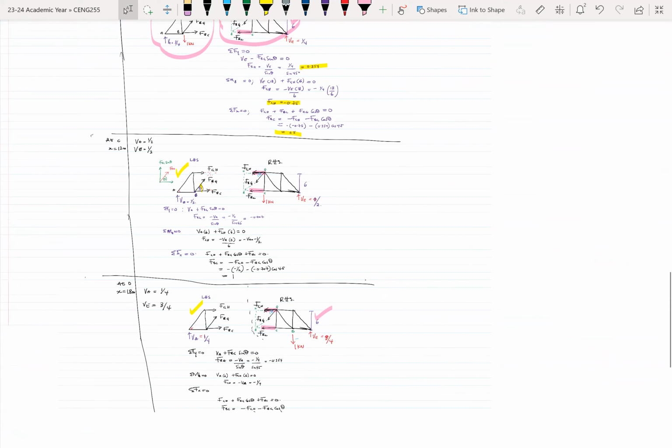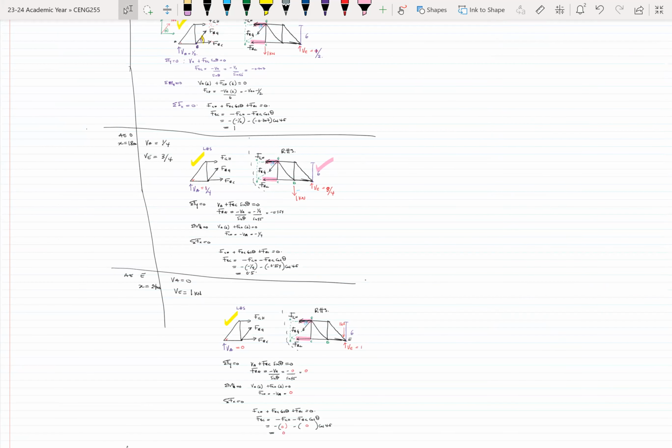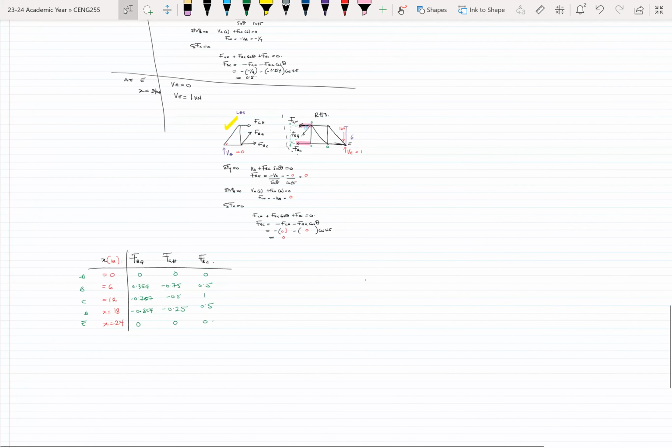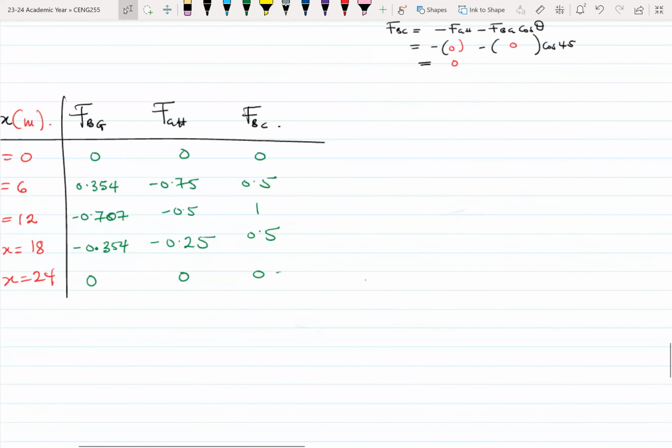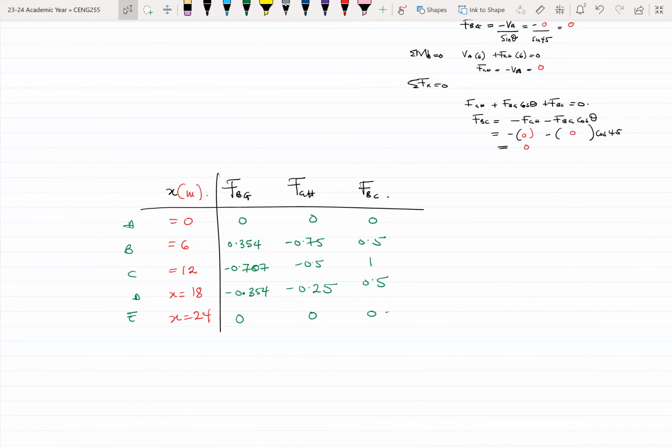I just took all of that data and put it into this table, so that it's easier for us to look at the table and then draw from the table.